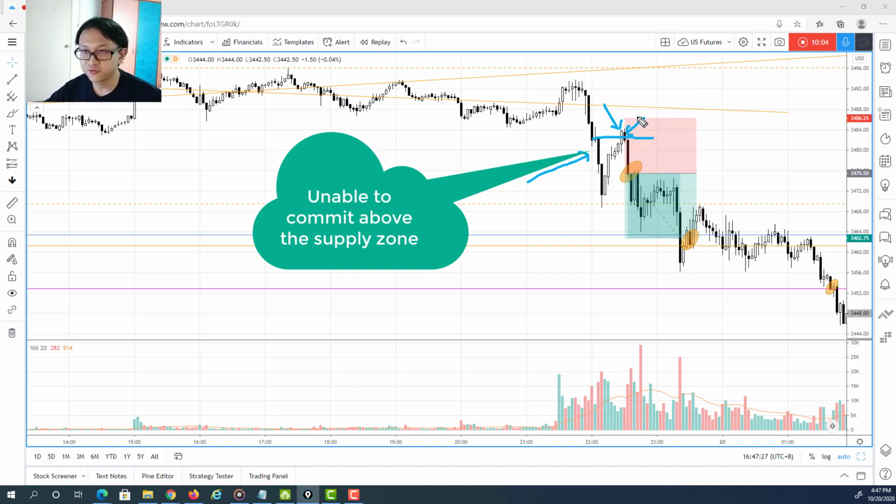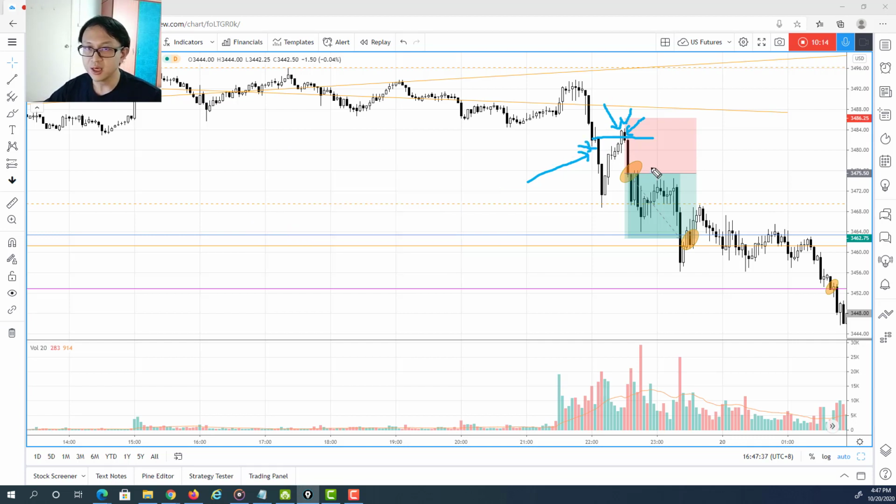So this is the second sign. This is the failure. It's just unable to commit above the supply zone as defined by this bearish bar. And the third thing that shows the confirmation is definitely this big bearish bar that acted as a reversal bar plus the confirmation bar. And take a look at the volume as well.